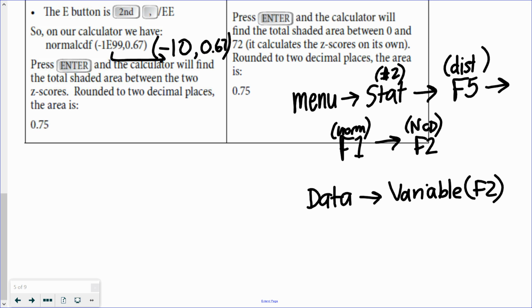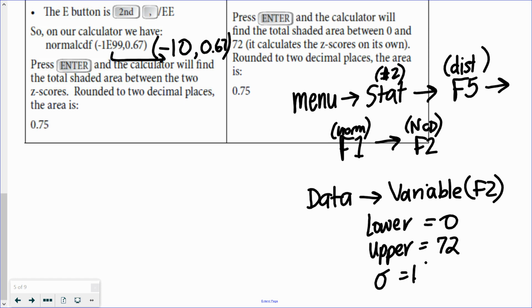So now it says variable. And then you put in your lower boundary. In this case, the lower boundary is 0. Your upper boundary is 72. Then the next one it says is standard deviation, so that would be 1.5.